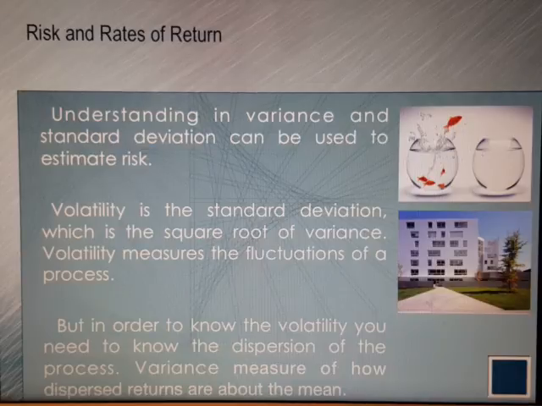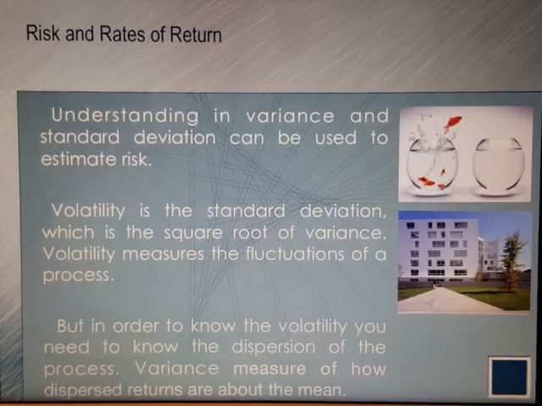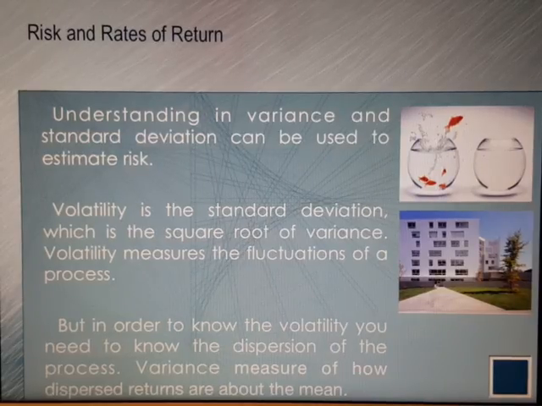So understanding the concept and definition of risk just now, we can actually use our knowledge of standard deviation and variance. Variance and standard deviation can be used to estimate risk, as volatility is the standard deviation, which is the square root of variance.